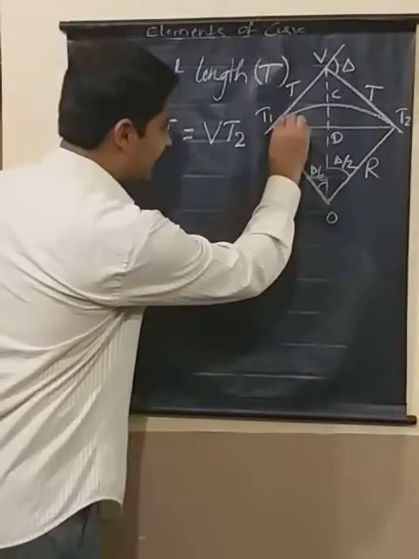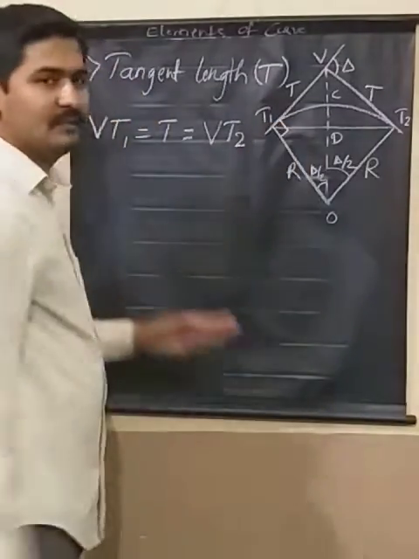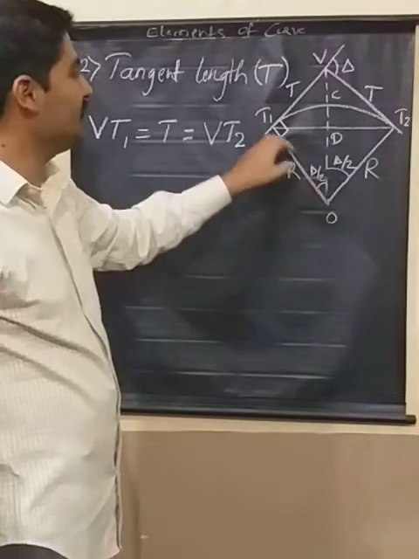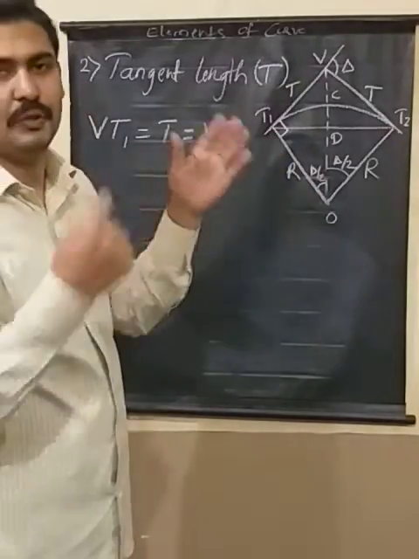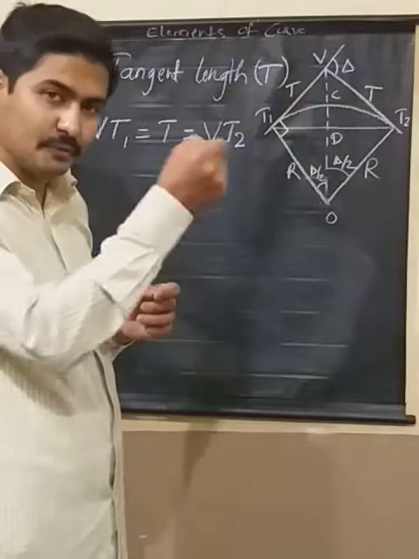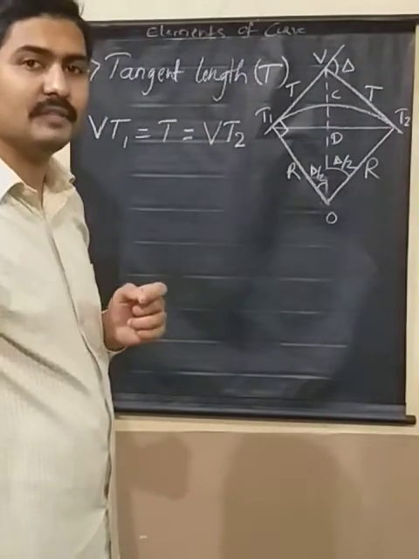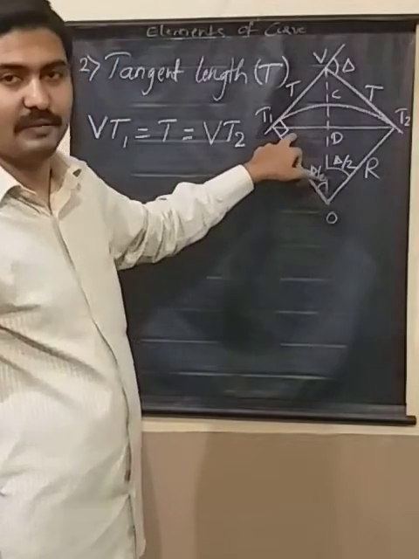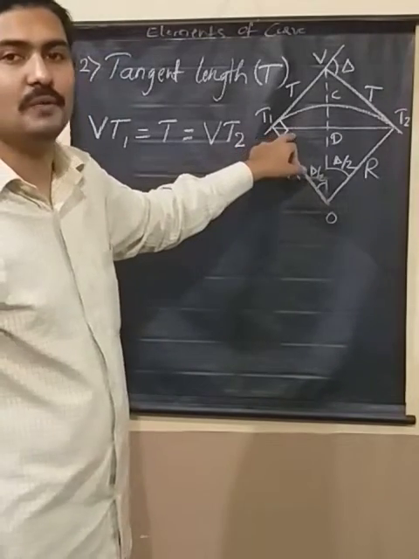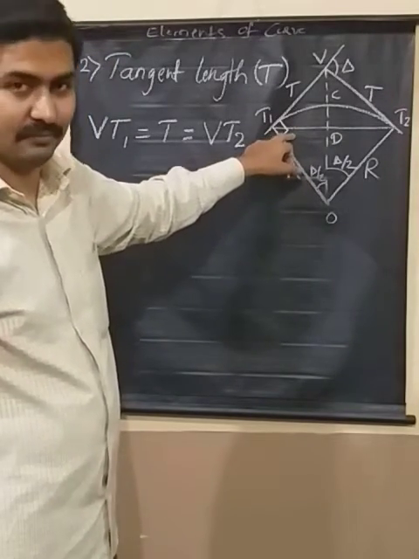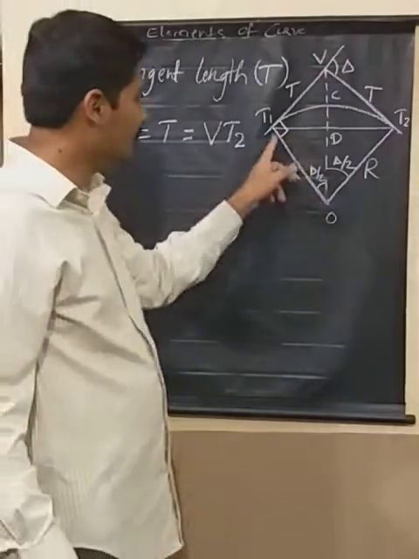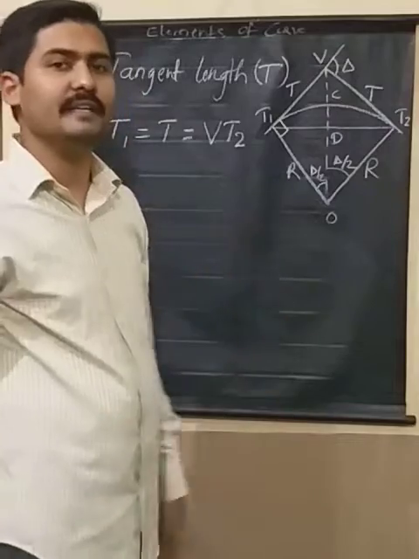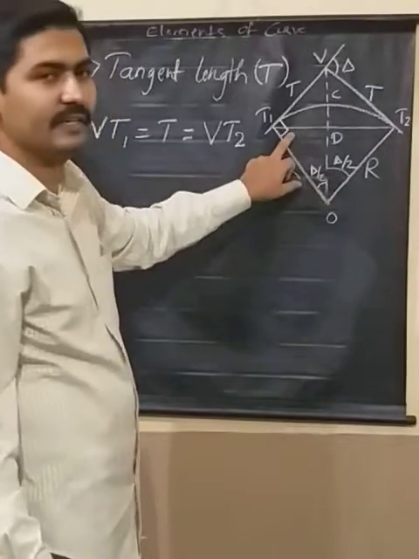And this angle will be 90 degrees because this is a tangent to the curve and this is the center. If you join the point of tangency to the center of the circle, you always end up with 90 degrees. This is what you have studied in your school days in theorems on circles, right? Whenever a point of tangent is joined to the center, you create a 90 degree angle there. So that is this 90 degree.